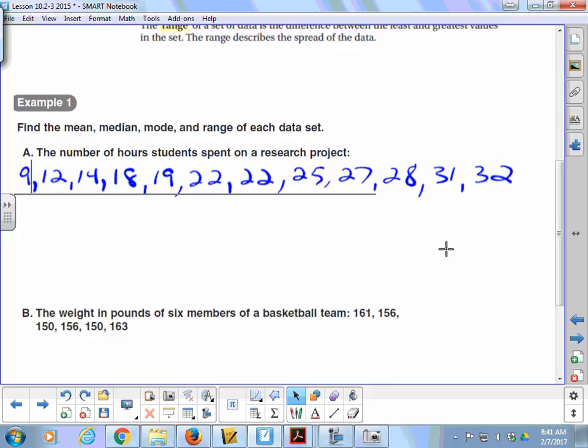Okay, so we want to find the mean, median, mode, and range of this set of data. So what do I do to get the mean? Taylor, what do we do? Okay, take the average. So we got to add them all up and divide by how many there are. So there's 1, 2, 3, 4, 5, 6, 7, 8, 9, 10, 11, 12 numbers. So we add them up and divide by 12 to find the mean. And we're going to round to 1 decimal place.